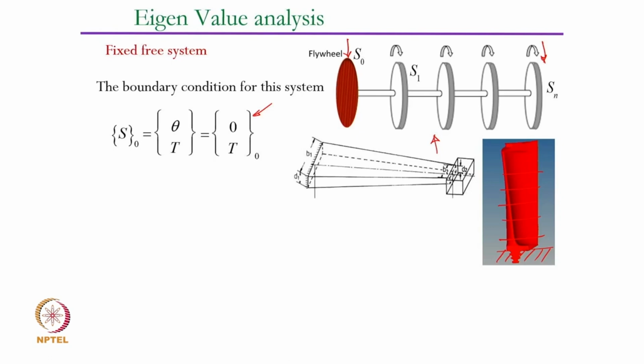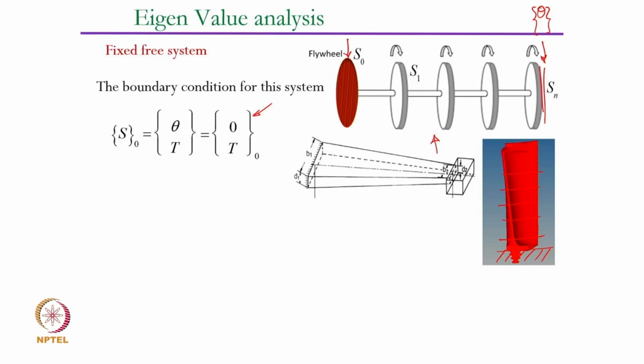What can you say about Sn? What will be the state variable at this extreme end? Can theta be 0 there? A free end, you can't expect that to be 0 at all times. So theta cannot be 0. There will be some non-zero theta value at the free end. When it vibrates, it will twist, it will move.